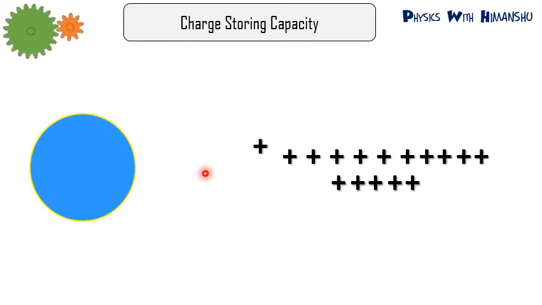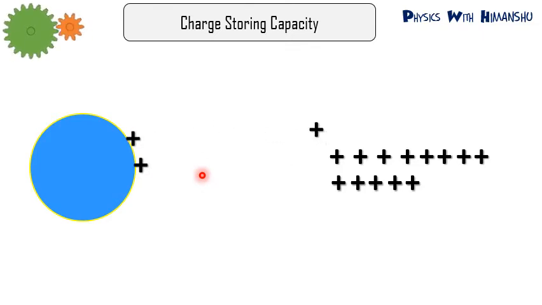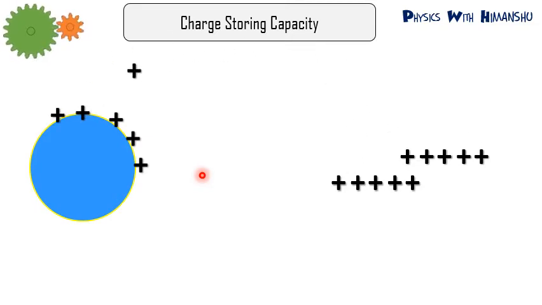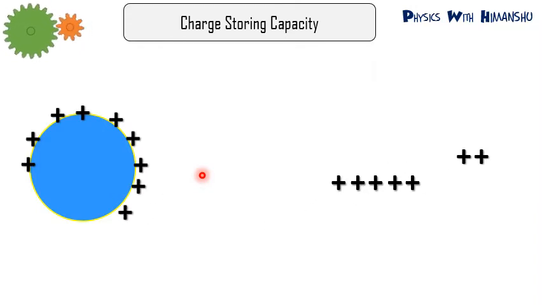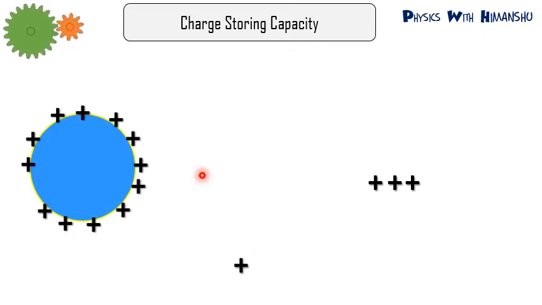You can see the space around this conductor getting occupied slowly because we are charging it, and at some point all the space on the conductor will get occupied. Then if you try to give more charge, see what will happen.